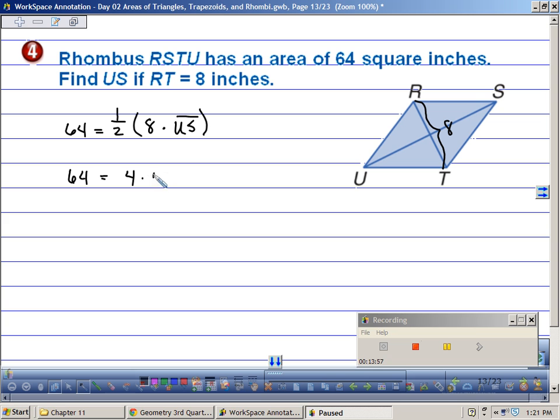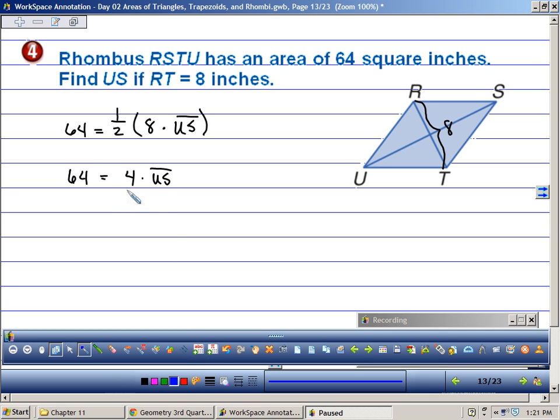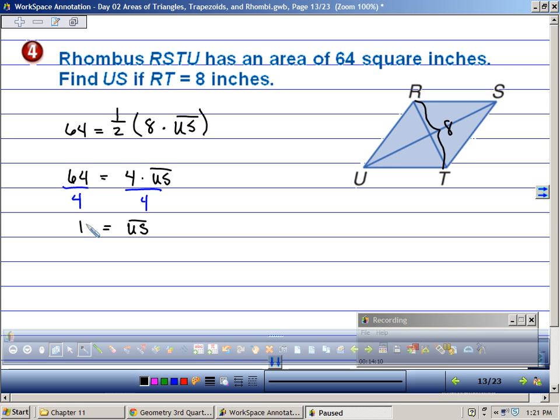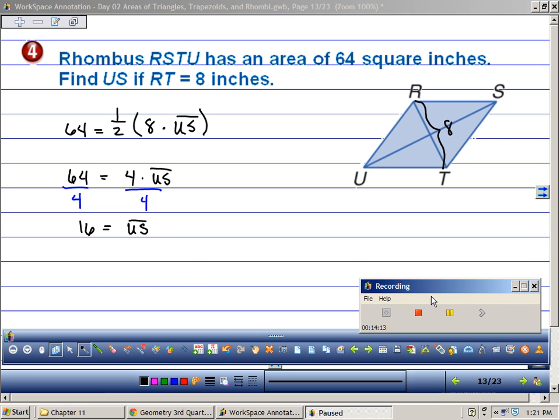Now what do I do? Now I divide by 4. US equals 16. And we're done. Okay.